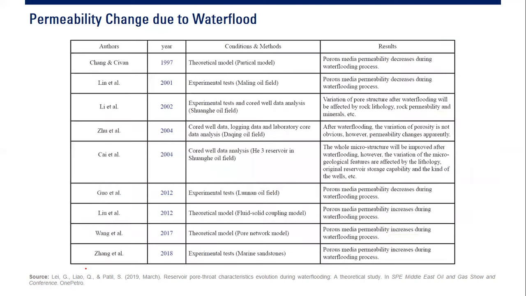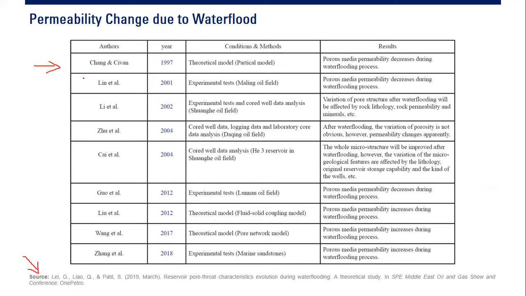And the next one is this table. This is very important. So we have several papers commenting on the permeability change due to water flood. Of course, I will not talk about all of these papers, but I will just go through this table. And if you're interested, you can go to each of these papers.